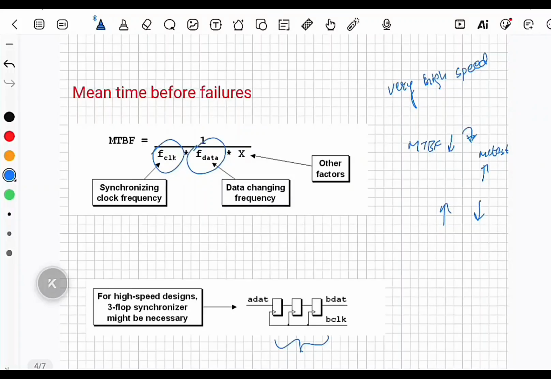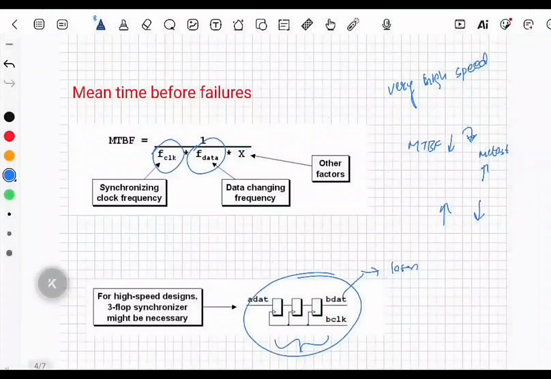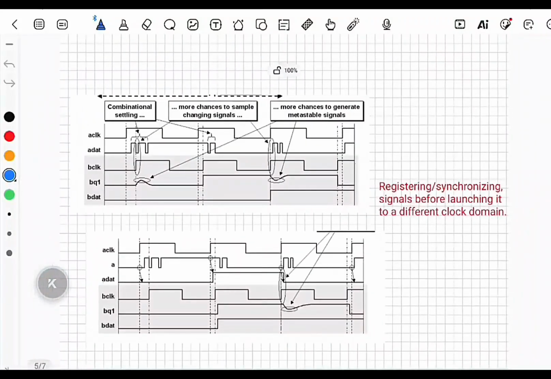So if the data is not getting settled within a single flop, you add another flop. But this is a very dangerous thing because it adds a lot of latency to the design. Every time you add a flop, latency is added, so you need to calculate mean time before failure and judge whether the signal will become stable or not, and then move forward.